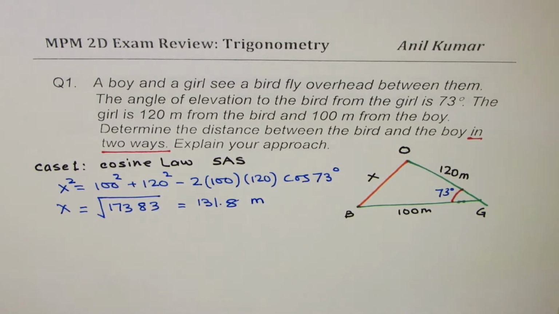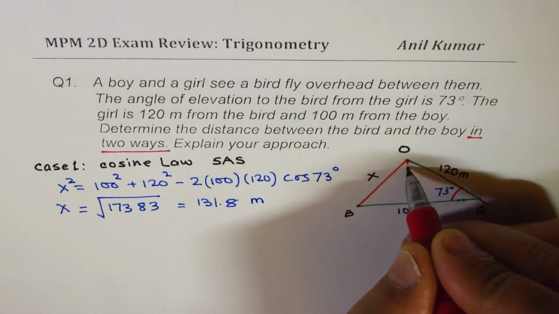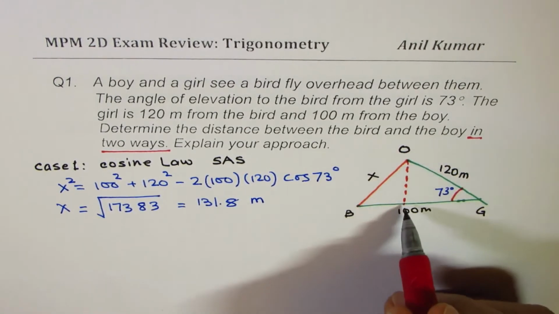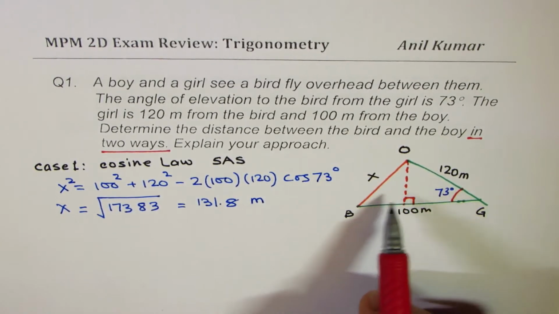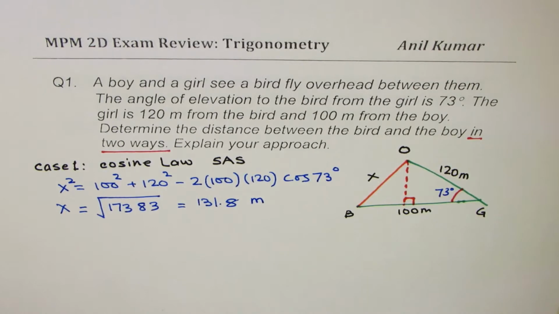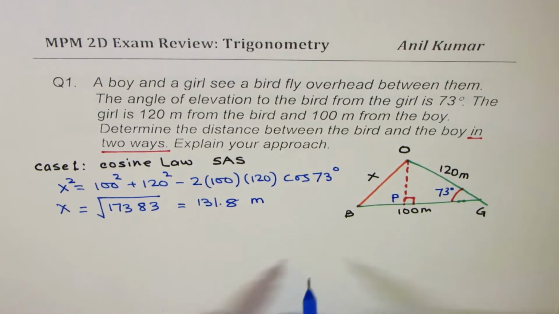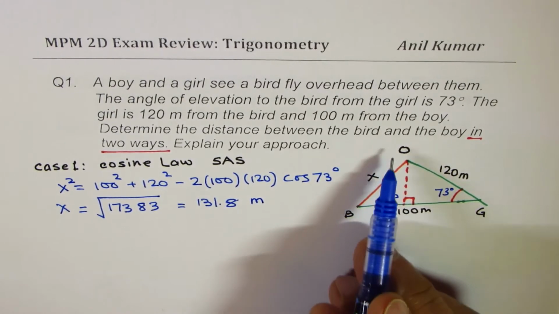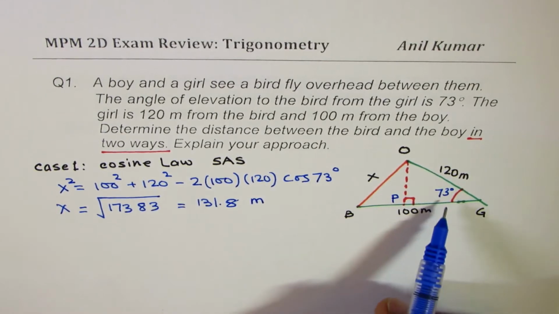Now, how could you do otherwise? Well, the other method could be, we could drop a perpendicular from here. In that case, this is 90 degrees. So we get 2 triangles, and let's solve these 2 triangles. Let's call this point P. Now, we can find OP using trigonometric ratios.